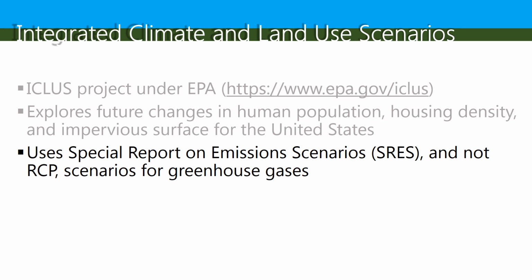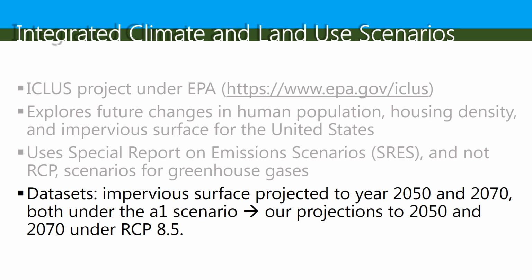The only downside of the ICLUS is that it utilizes the Special Report on Emission Scenarios, or the SRES, that's the old one, and not the new one, which is the RCP. These are scenarios for greenhouse gases. Therefore, we were limited to the datasets that we could use and compare.